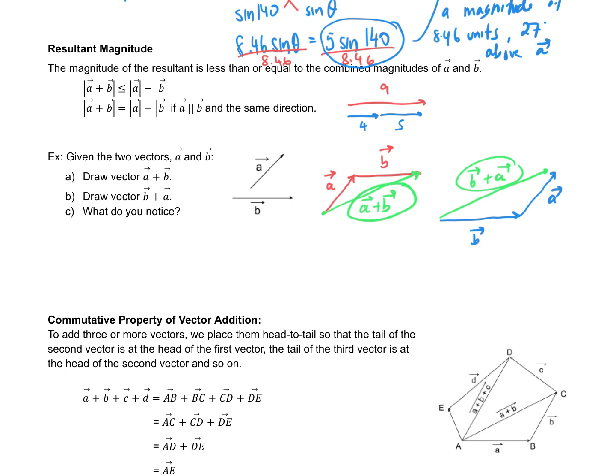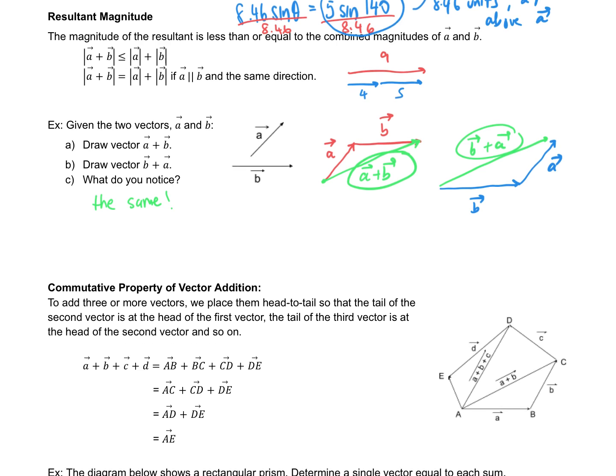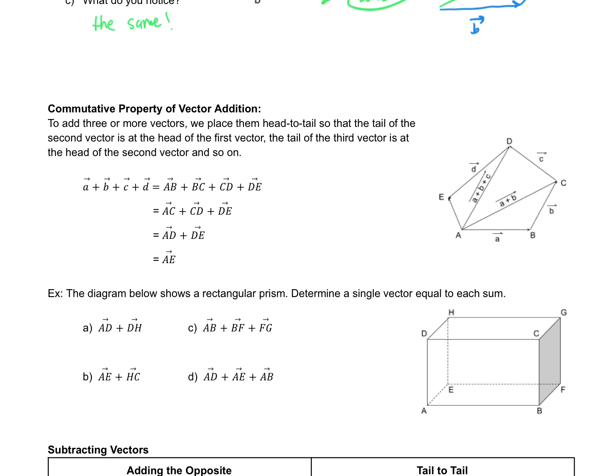I didn't draw them perfectly the same, but they are the same. So it doesn't matter in which order you add vectors, you will still get the same resultant. This leads us into the commutative property of vector addition.